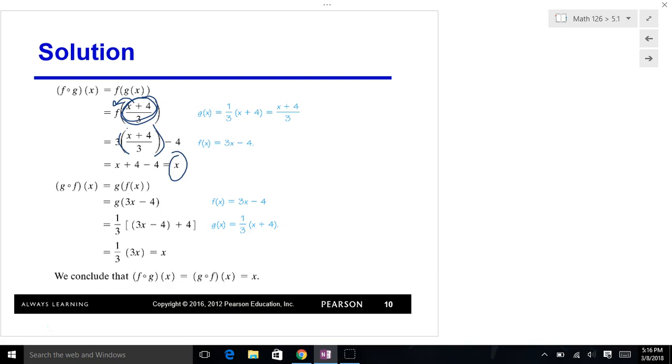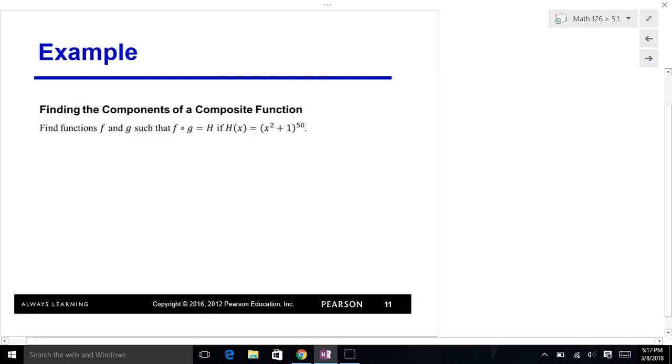And you go the other way around, g of f of x. Now here's your f. Now you're using g, which is 1/3 x plus 4. 1/3, here's your x plus 4, and that f is going in for x right there. Clean that up and you get x, and you show that you have f of g of x equals g of f of x.